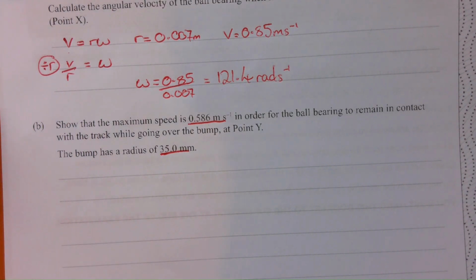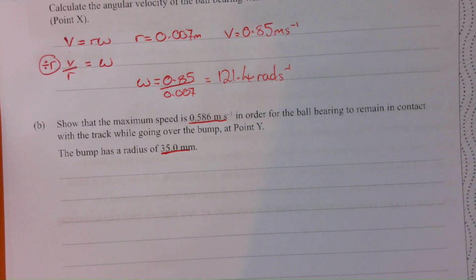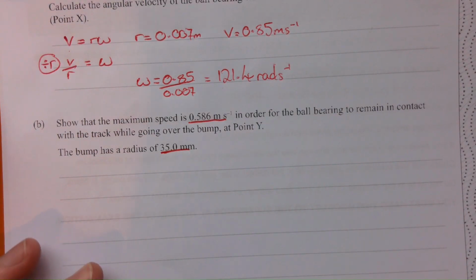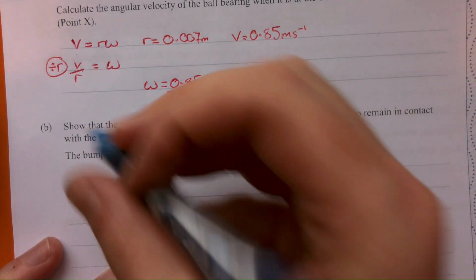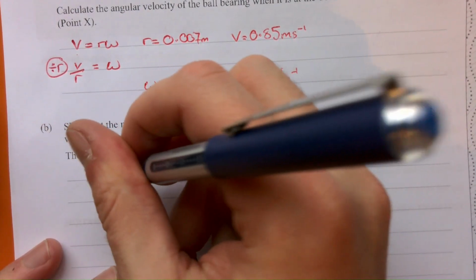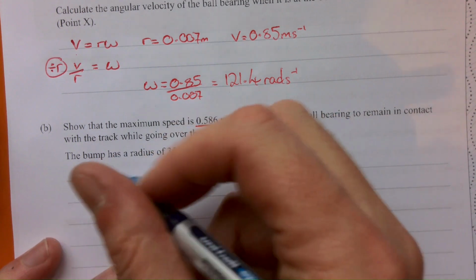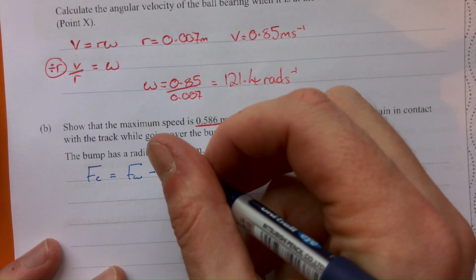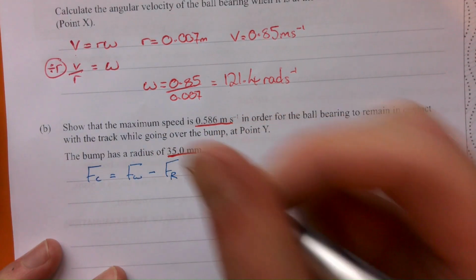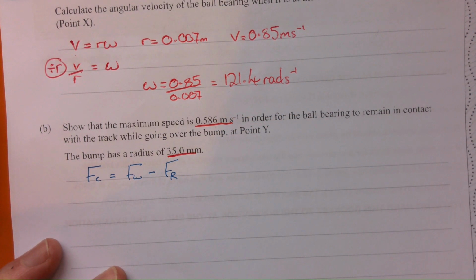In this case, at the top of a bump, we have that the centripetal force Fc is equal to the weight, Fw, minus Fr, which is the reaction force, which is what we are going to be looking at.